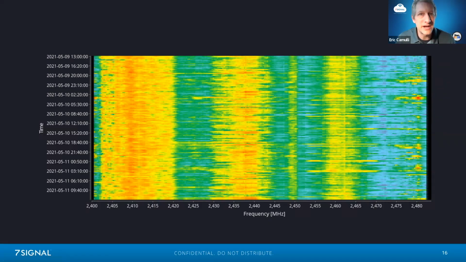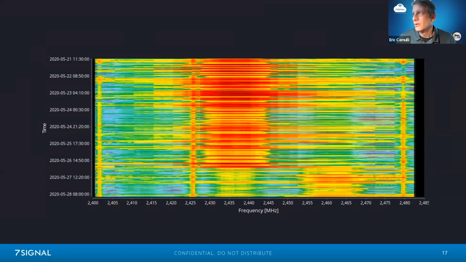All right, let's take a look at the next example that we have on 2.4 before we get into 5 gigahertz. Ooh, this is pretty nasty, Jim. And again, this is our Bluetooth interference, really just destroying most of the spectrum here, making it not usable. Yeah, Bluetooth, low data rates, and just so much energy across the whole band.